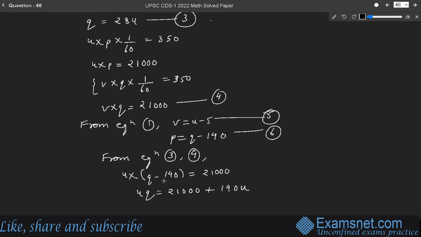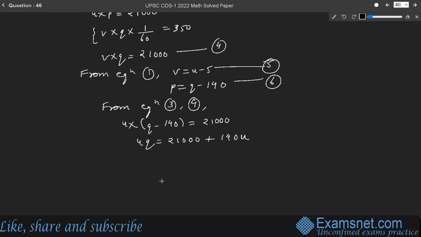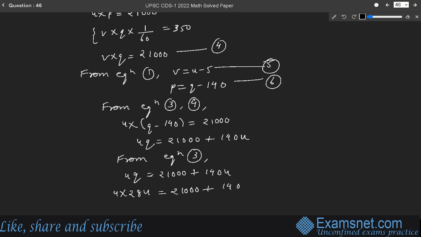Now from the third equation we get u into q is equal to 21,000 plus 140u. It means that u into 28u is equal to 21,000 plus 140u.